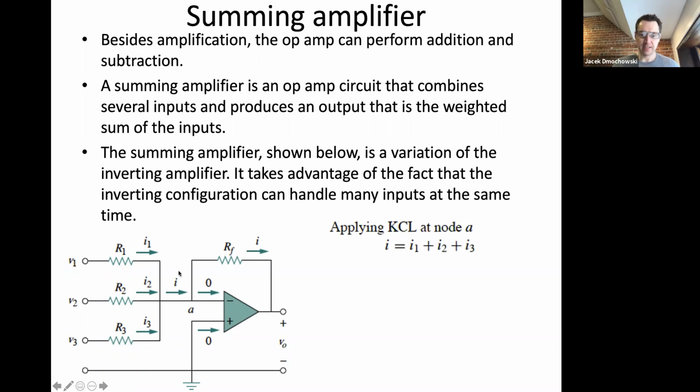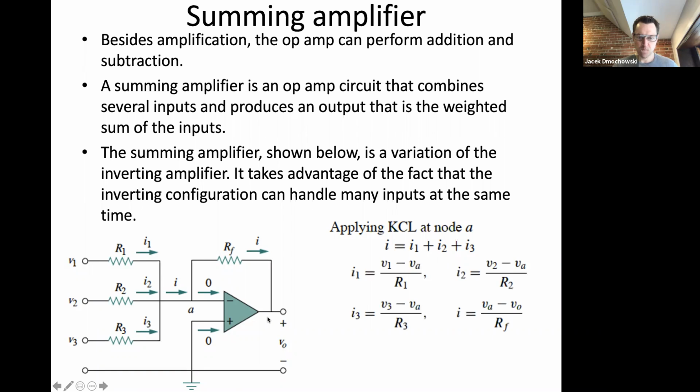So let's apply KCL at node A. These three currents, I1 plus I2 plus I3, have to equal I here, and all that I will take the feedback path. So I1 plus I2 plus I3 is equal to I. Now let's apply Ohm's law to each of these currents.